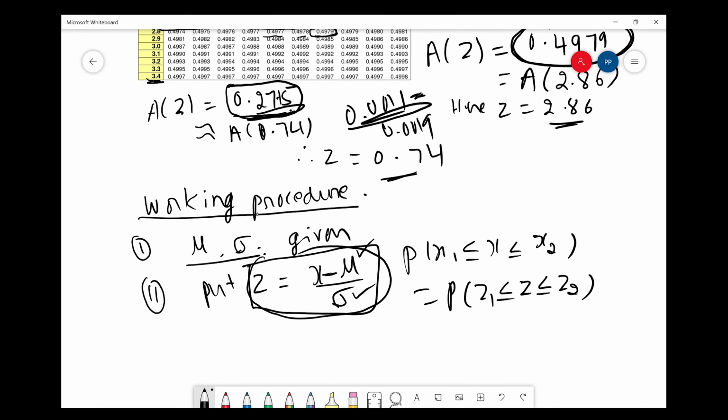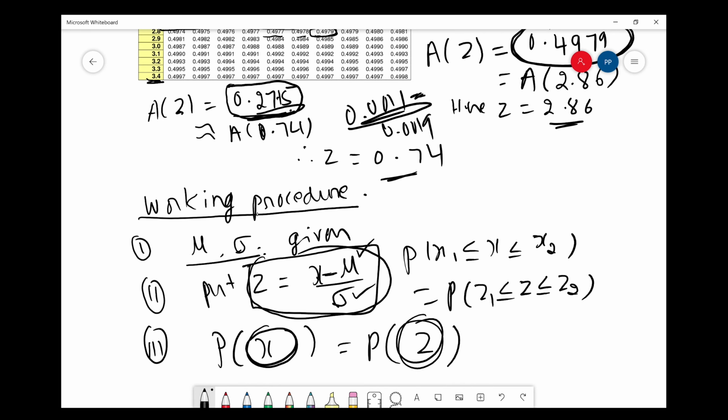Then write the probability of x, with the condition on x less than, greater than, or in between. Substituting for x, find the corresponding value of z and convert to probability in terms of z, P of z, less than, greater than, or in between.